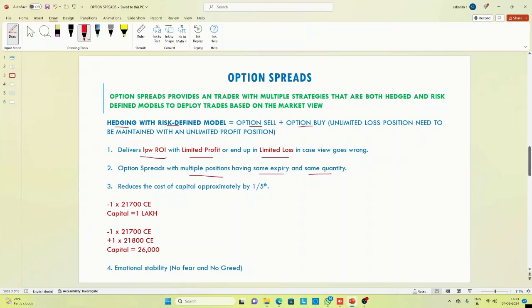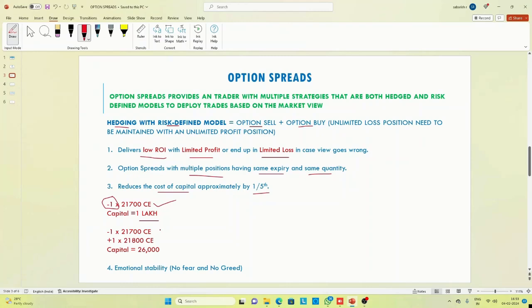Now with this hedging with risk-defined model, the cost of capital will be reduced by 1/5. As we saw in the series 1, if you sell one lot of Nifty, the approximate capital is around 1 lakh.